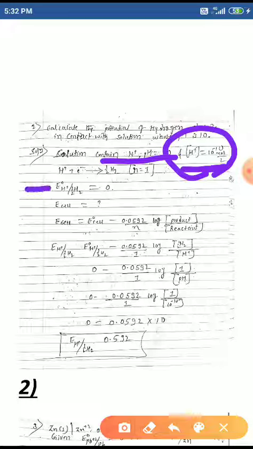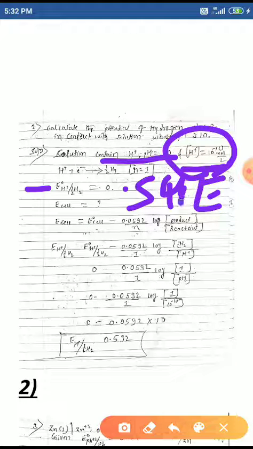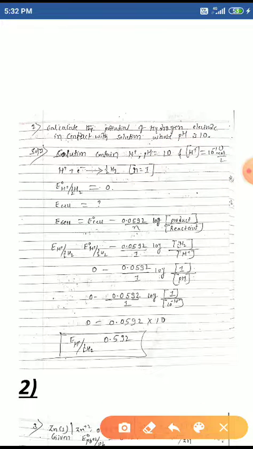And the hydrogen electrode potential, E naught of hydrogen ion by hydrogen gas, is 0 volt. It is a standard SHE value. Right, students? Next, we have to find out E cell.